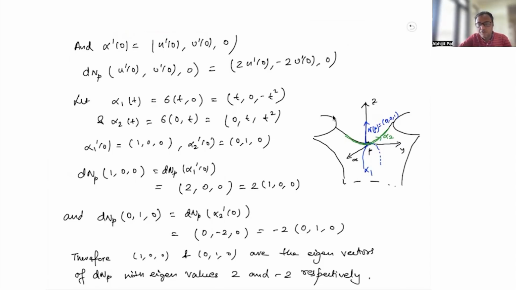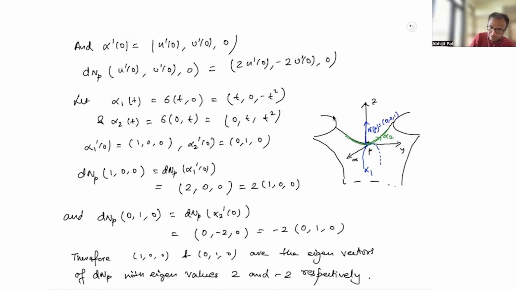This curve alpha 1 bends away from the normal N_P, and alpha 2 bends toward the normal. So this bending of these curves will help to determine the notion of curvature of a surface.